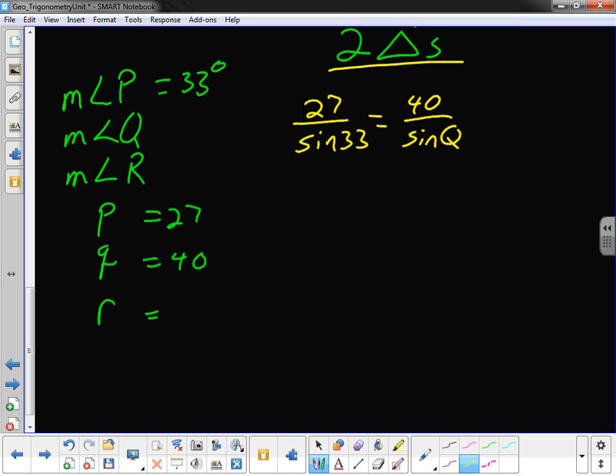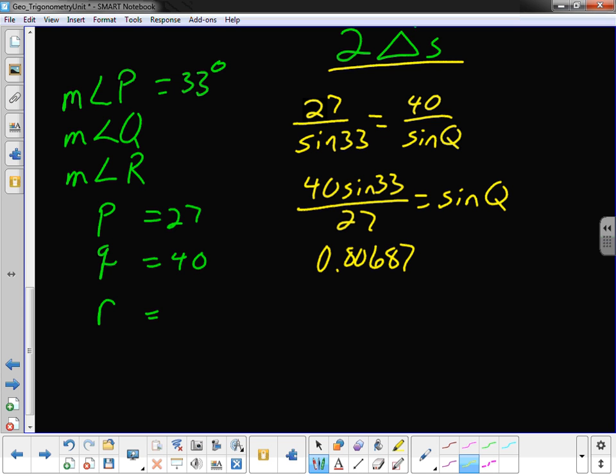I go ahead and solve this. 40 times the sine of 33 would equal 27 times the sine of Q, so then I would divide by the 27 to get the sine of Q. So 40 times the sine of 33 divided by 27 gets me 0.80687, equal to the sine of angle Q. So the measure of angle Q is equal to the arc sine of this number.